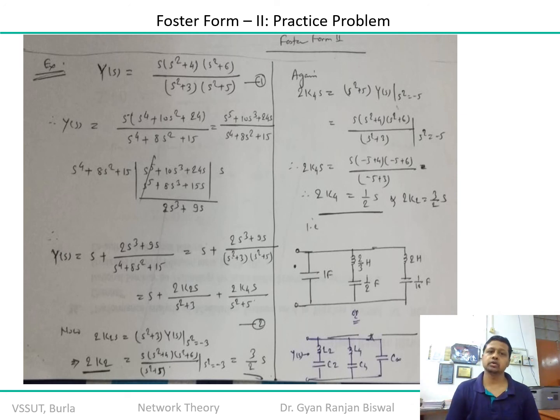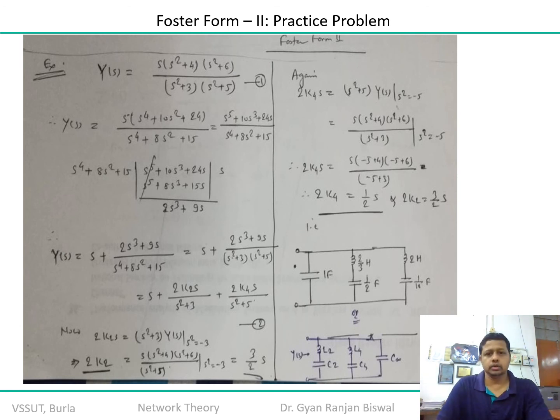You arrange your numerator and denominator polynomial from the highest order to the lowest order, okay, and check whether the difference of 2 is equal to 1 or not. Yes, it is 1. Whether the origin consists of a pole like the impedance function, no. Here the origin doesn't consist of a pole, rather the origin consists of 0. So exactly the reverse of the scenario. Apply this. I am giving you 10 minutes of time.